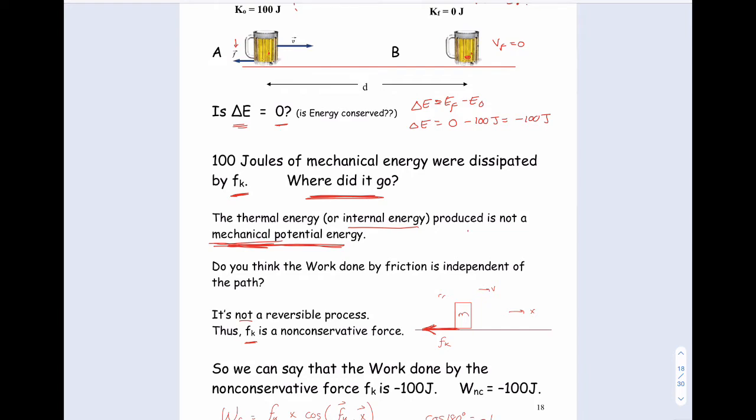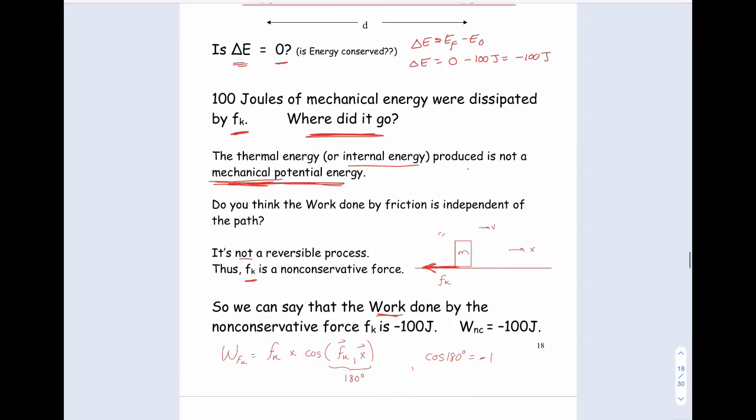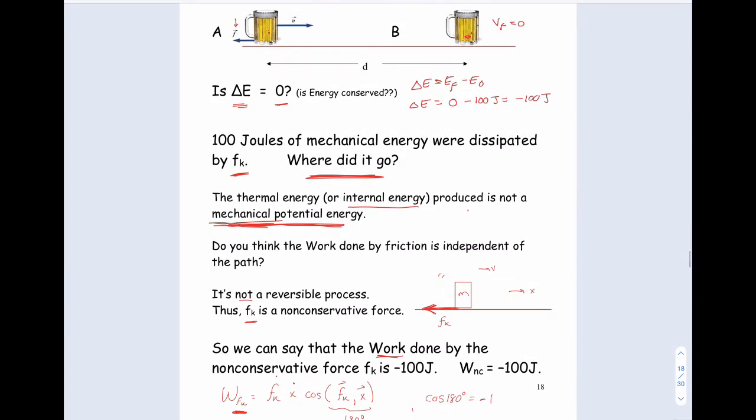So we can say that the work done by that non-conservative kinetic friction force is minus 100 joules. Remember, the reason it's negative is the definition of work: the work done by kinetic friction is that force times the distance through which it moves times the cosine of the angle between them. The kinetic friction points to the left, and it's moving to the right, so the angle between those two vectors is 180 degrees.